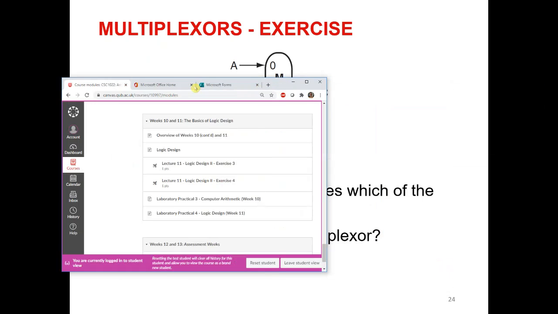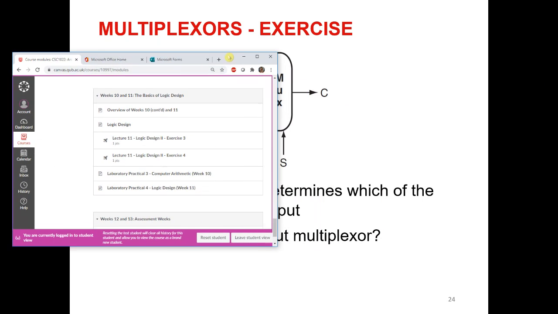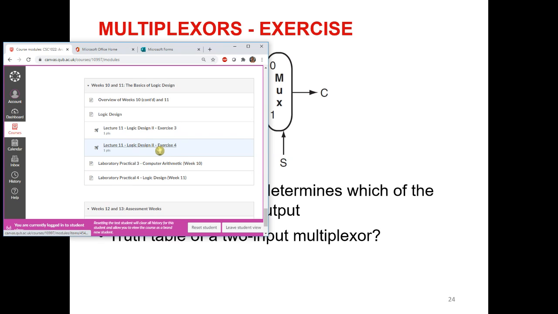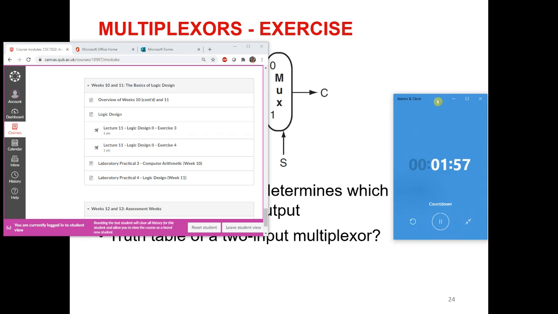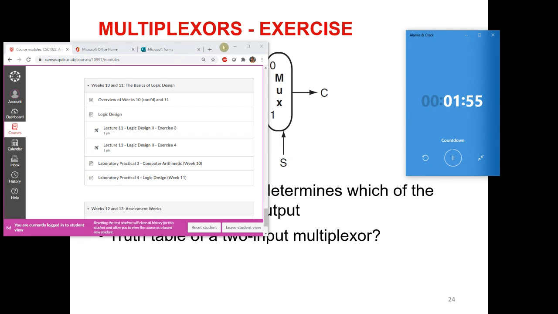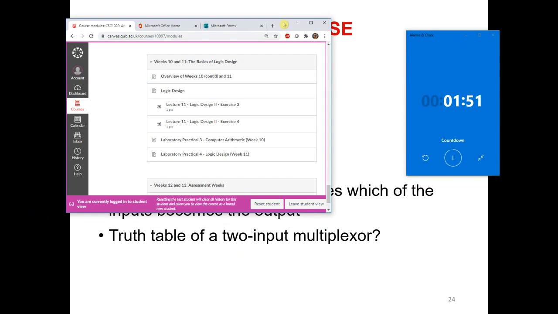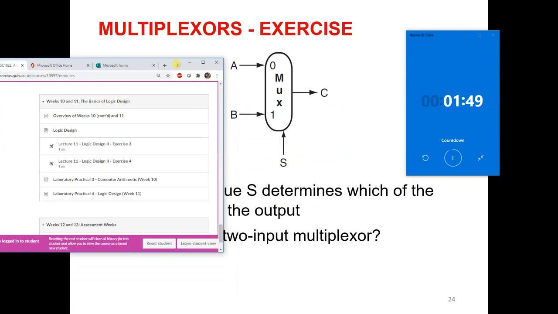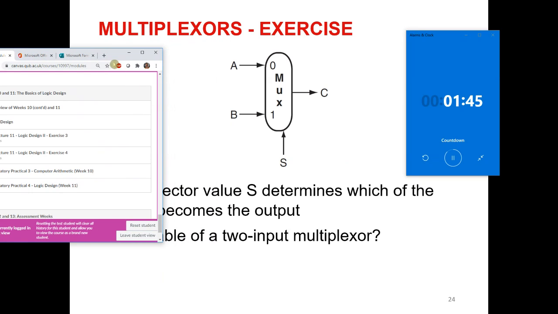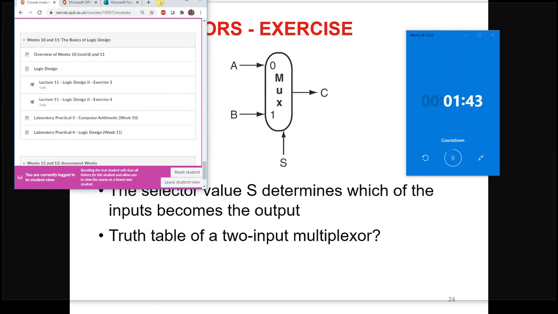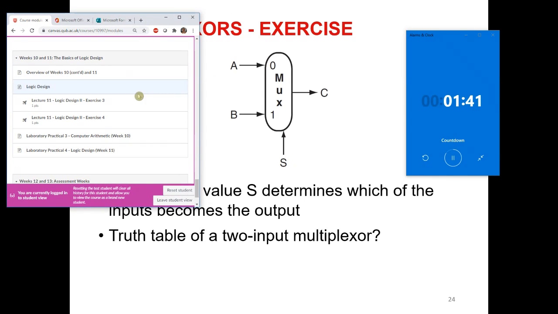So this is exercise 4. I'm going to give you some time to do this exercise, which is basically, as on this slide and as you also have in the quiz, the truth table of a two-input multiplexor.